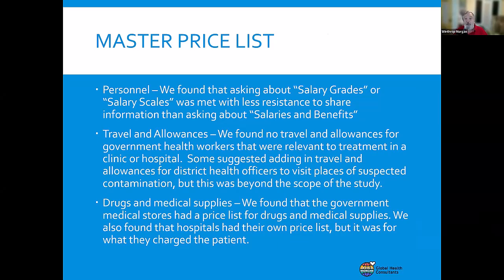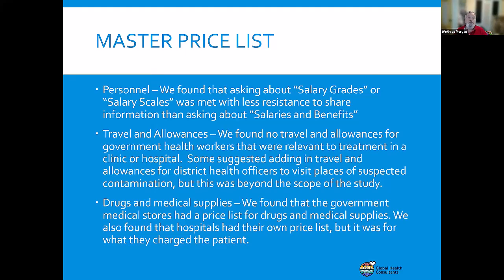Those of you who've been looking at the tool know that one of the main parts of gathering the data is going to be getting unit costs or unit prices. So here are some of the things that might help you as you're working on collecting this data.